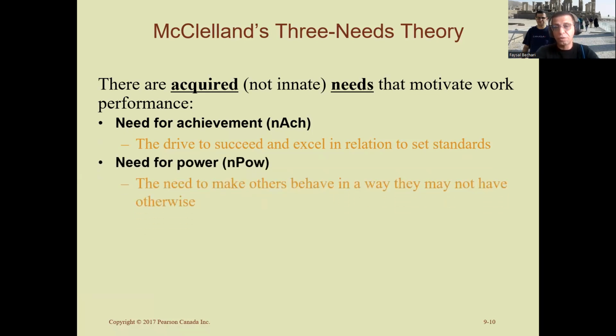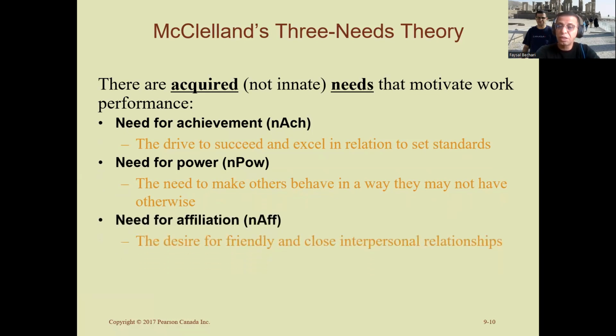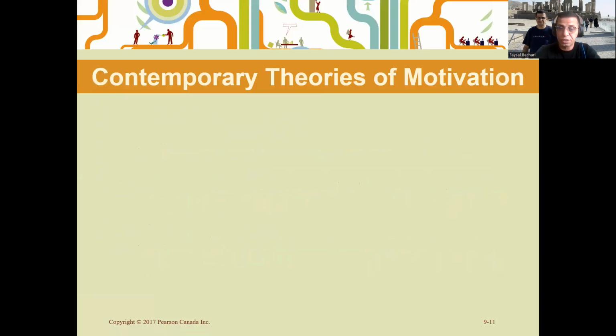The need for power, which is the need to make others behave in a way they may not have otherwise. The last one is the need for affiliation, the desire for friendly and close interpersonal relationships.